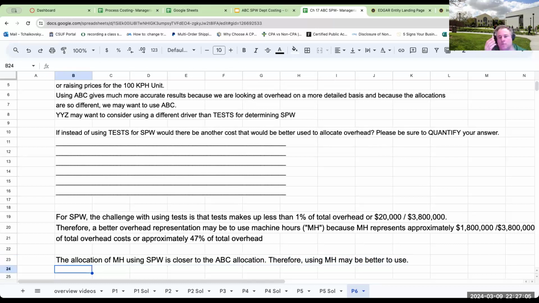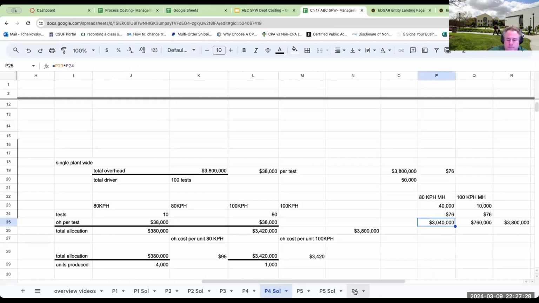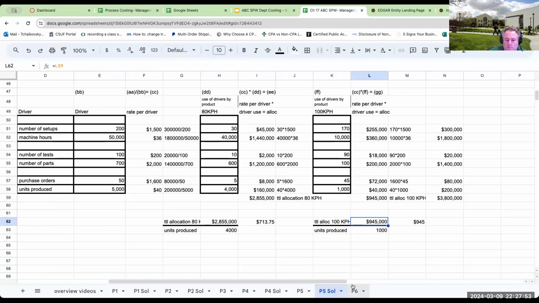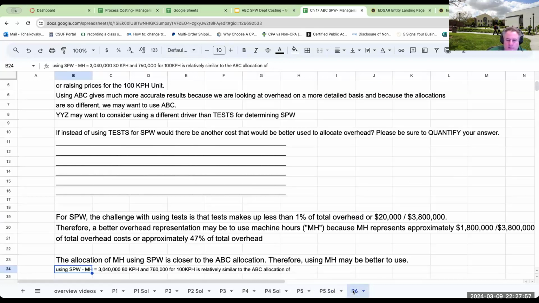Okay, so when you go through, and obviously I did not quantify this, but if we were to quantify it, we would say 3,040,000, 2,855,000 and then 945.